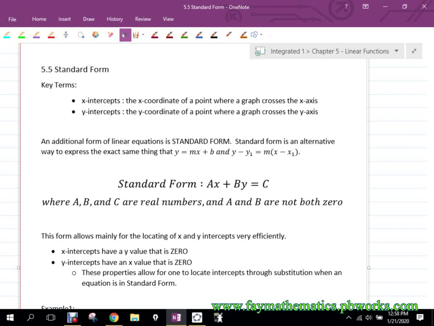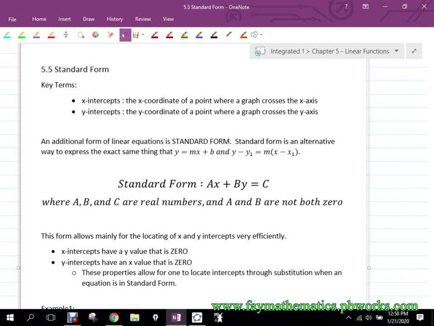We've got several different ways of talking about the same person, right? Okay. Well, when we talk about y equals mx plus b, y minus y1 equals m times x minus x1, or when we talk about what we talk about today, ax plus by equals c, these are all different formats of talking about the same exact thing.